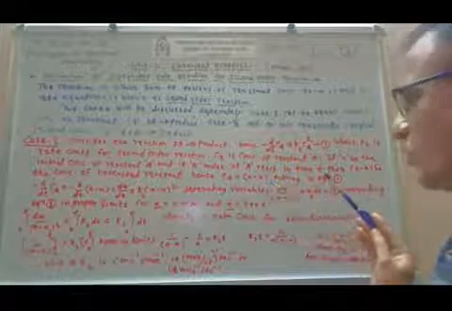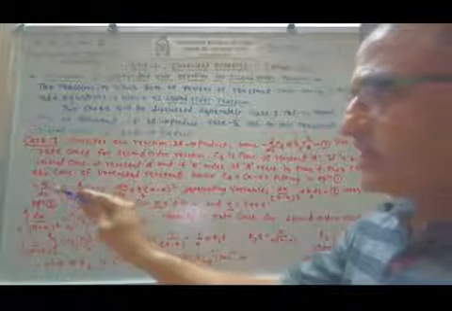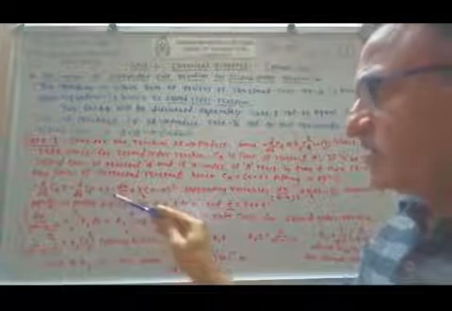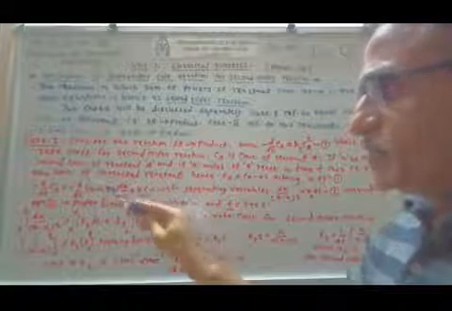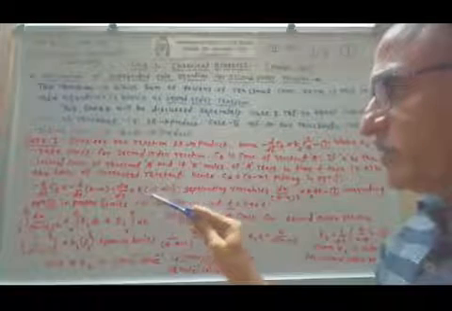Now putting this value of Ca in equation 1, minus d by dt of a minus x simplifies to dx by dt, which is equal to K2 into (a minus x) whole square.